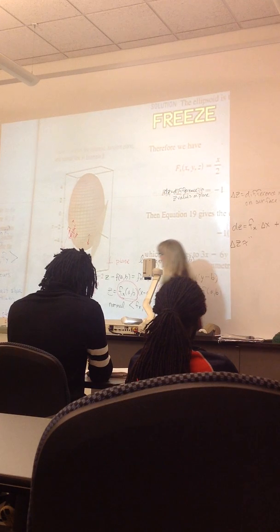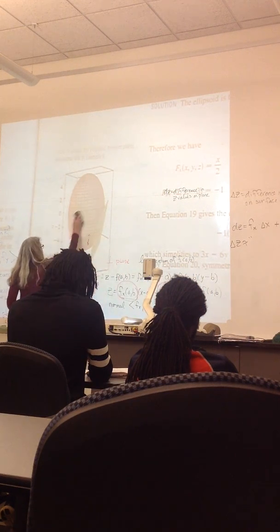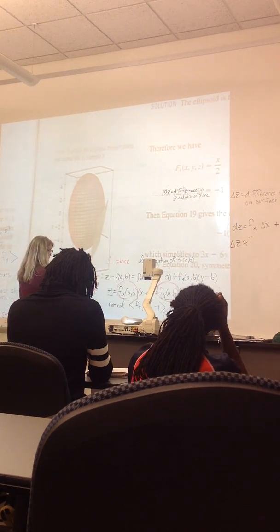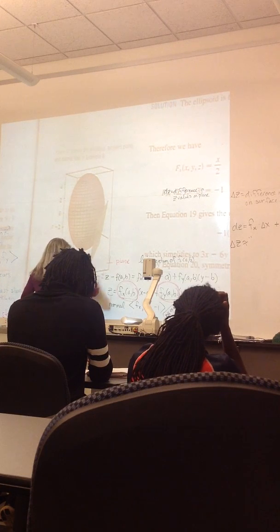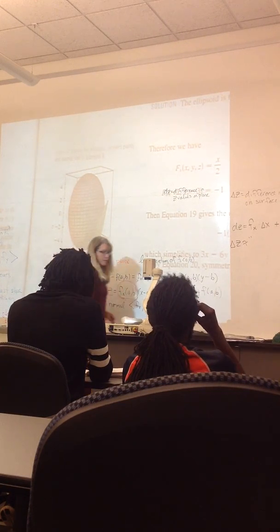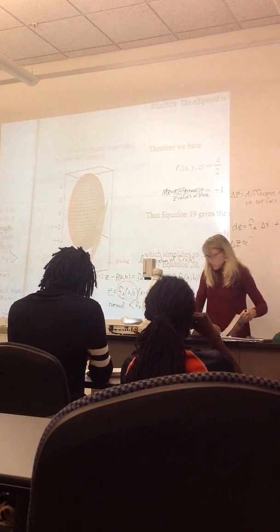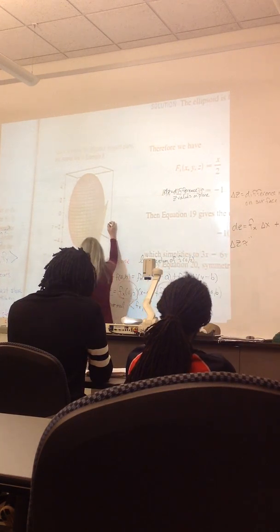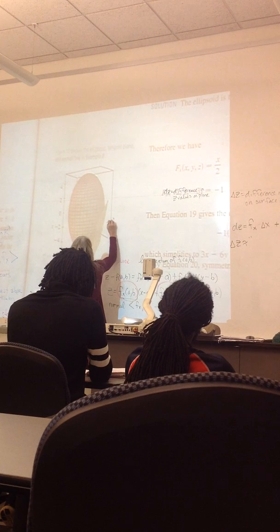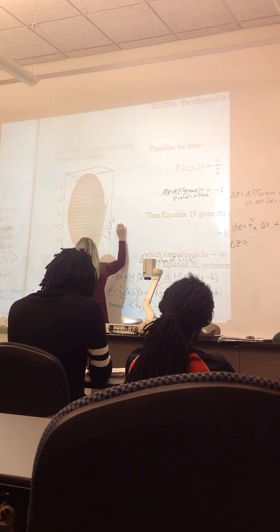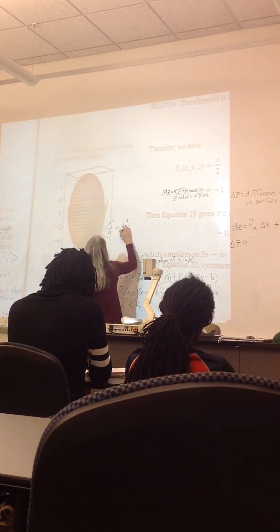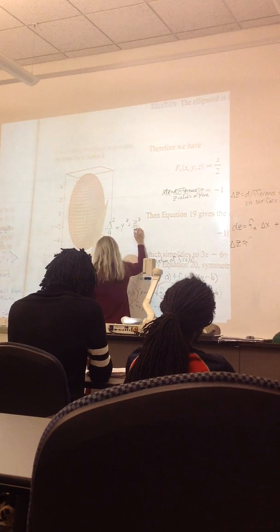Here's a picture of an ellipsoid. I just took a picture out of your book. This particular ellipsoid has formula x squared over 4 plus y squared plus z squared over 9 equals 3.